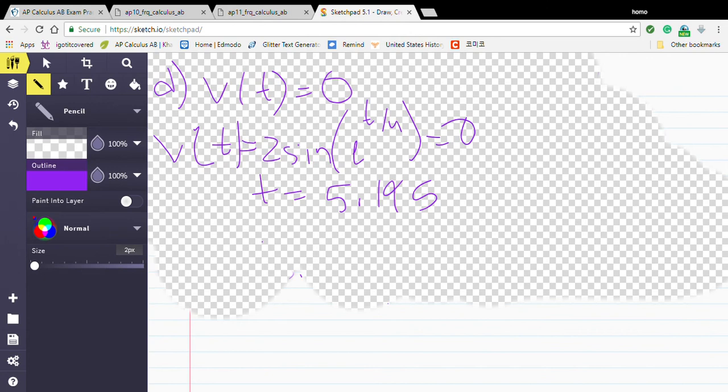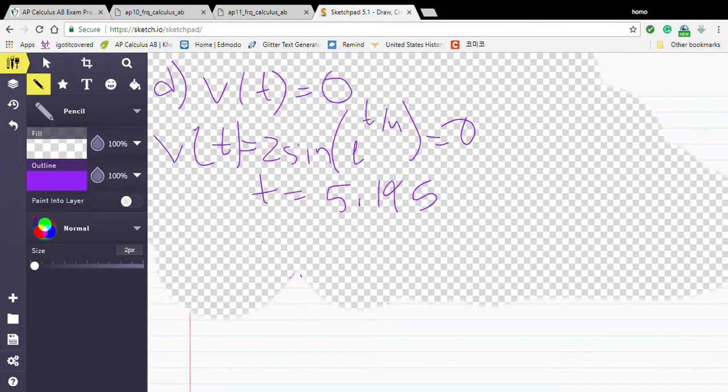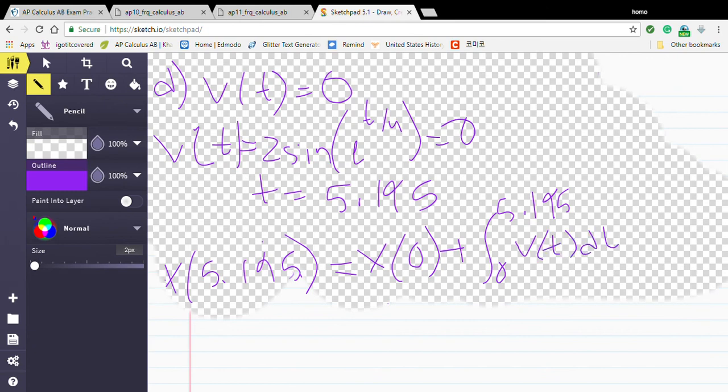So we found that this is the time when it changes direction, and now we have to find the position at this time. We know the good old formula for finding position at a certain time: position at 5.195 equals the position at the initial condition plus the integral from the initial time to 5.195 of v(t) dt.